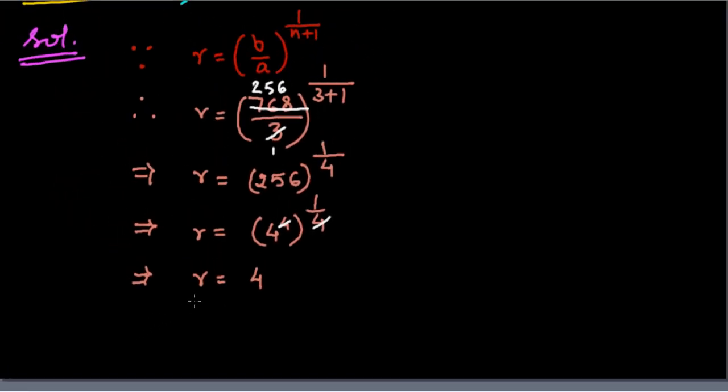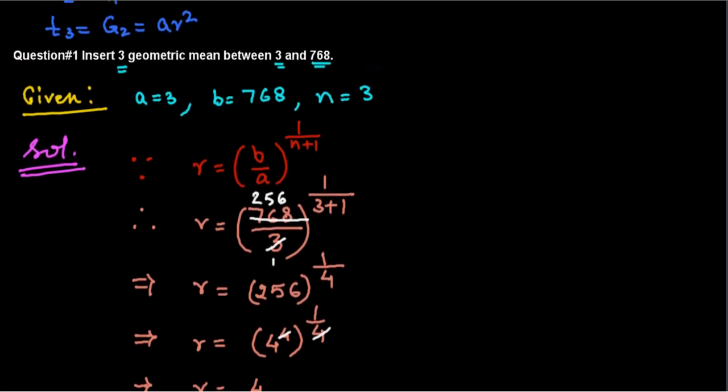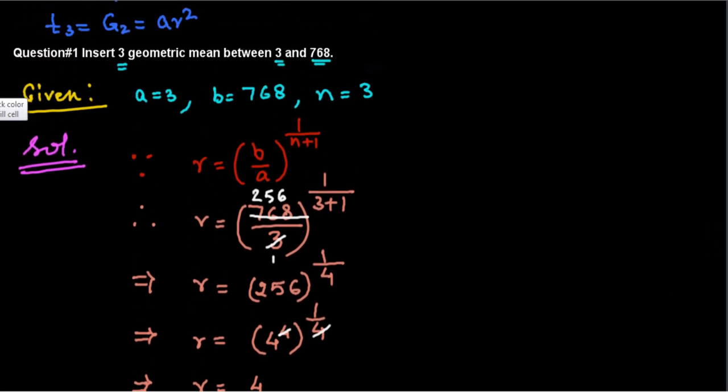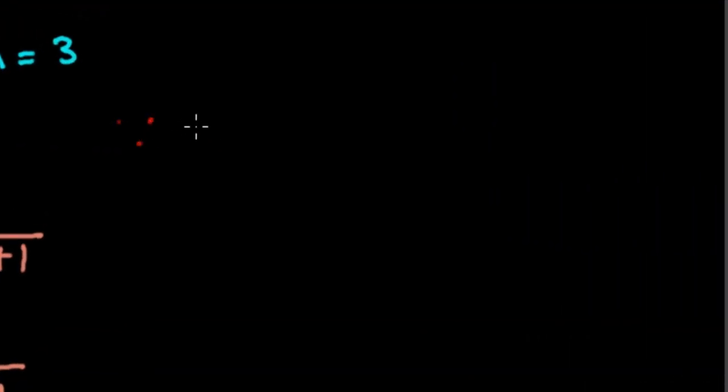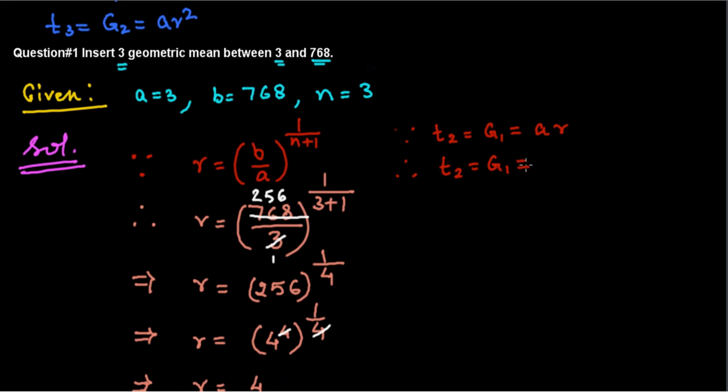Now we have got 4 here. Let us see how we will get G1, G2, G3. We know that T2 is equal to G1, which is equal to A into R. Therefore, T2, which is G1, is equal to 3 into 4, which is equal to 12.